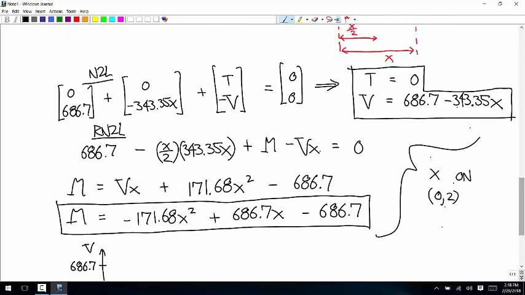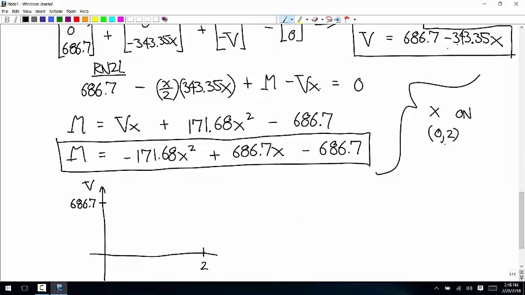And when x is equal to 2, v has to be 0. So that's supposed to be a line.